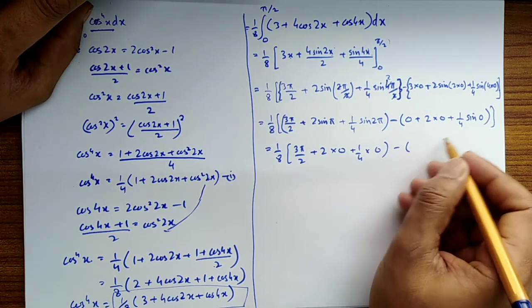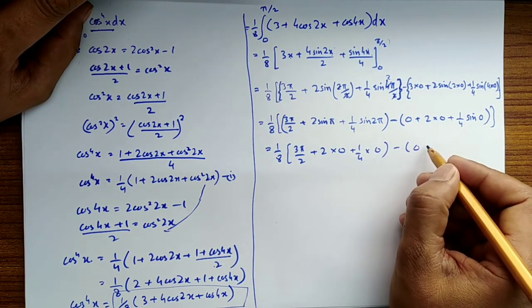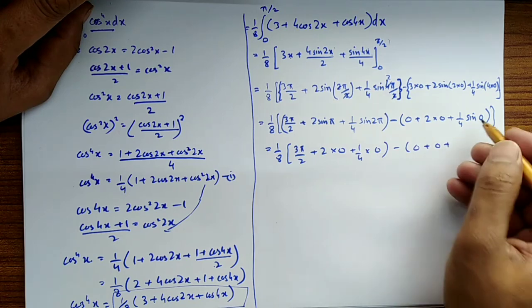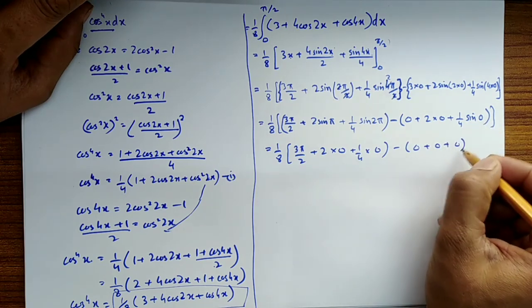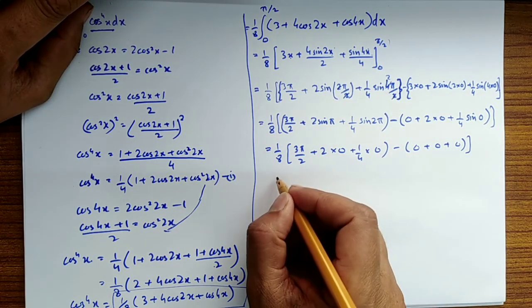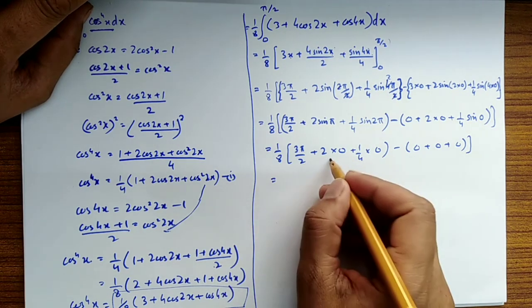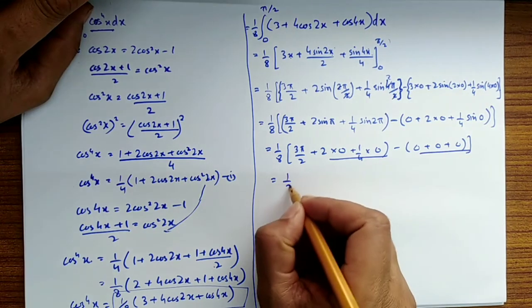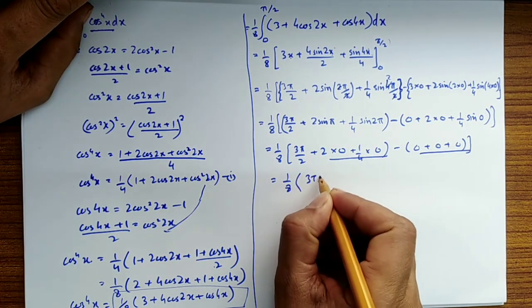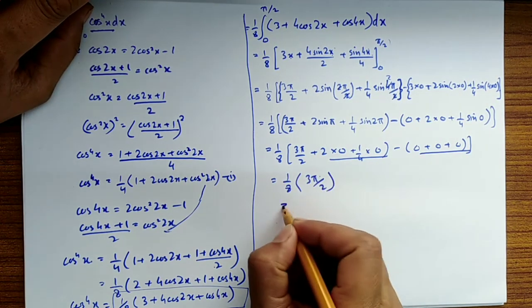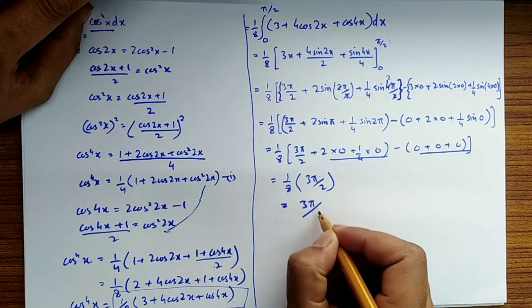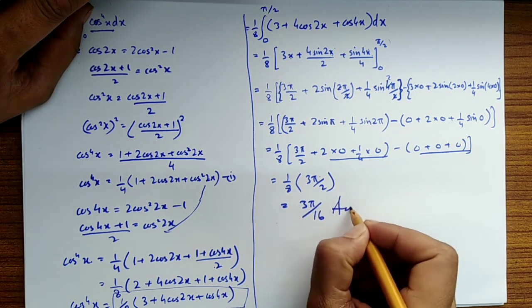This one is 0, 1 upon 4 sine 0 is also 0. So the whole part is becoming 0 except 3 pi upon 2. So we are left with 3 pi upon 2, and with the 1 upon 8 this gives 3 pi upon 16 as our final answer.